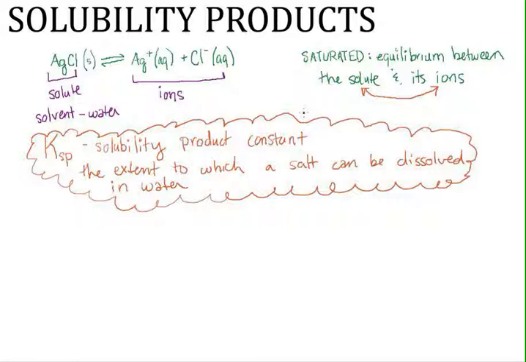So let's take a look at a couple of different examples of this, right? And let's use the example we've already got going above, just because that's easy, right? Of silver chloride, right? So we already know that for any equilibrium constant, right?